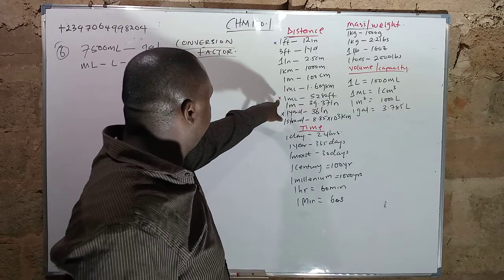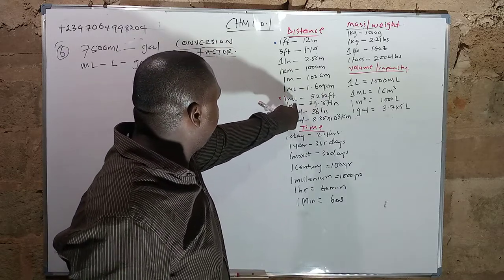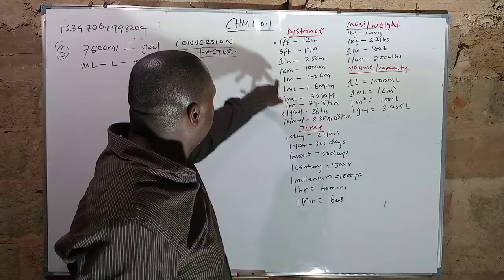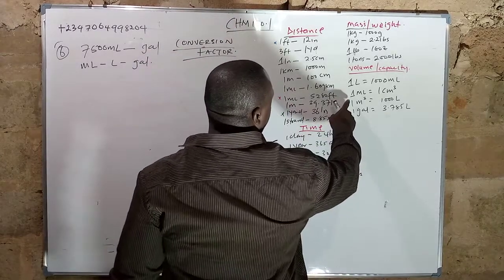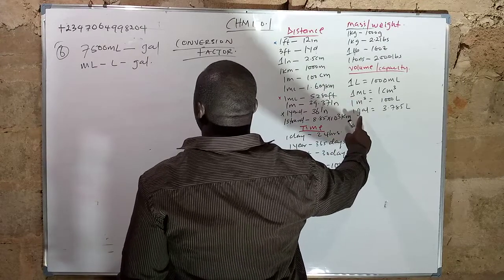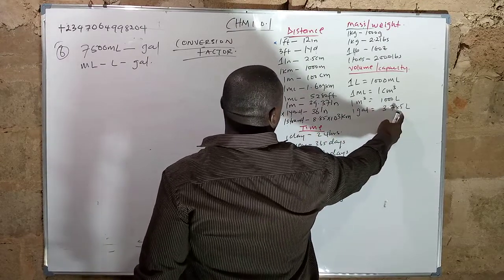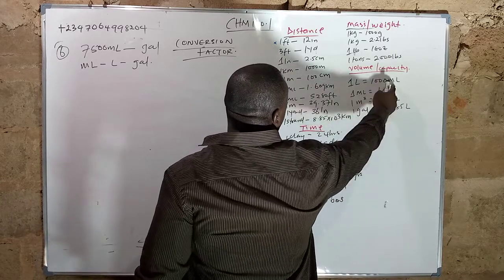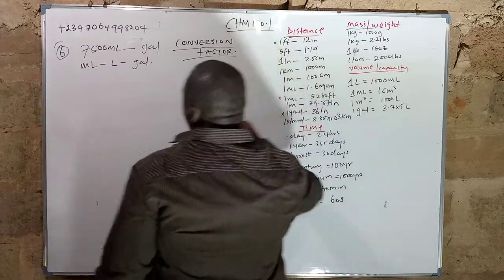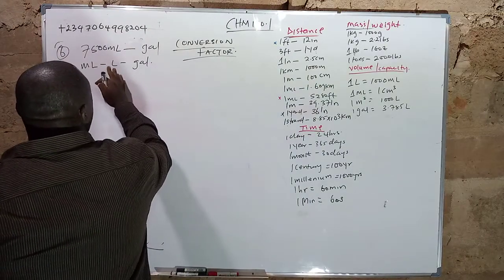So you come here, check milliliters. So you have 1 milliliter. So we have something that relates gallon to liter, and another thing that relates liter to anything is 1 liter to milliliter. So that means you move from milliliters to liters and from liters to gallon.